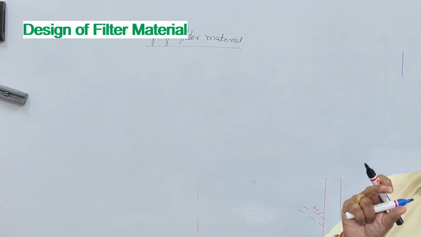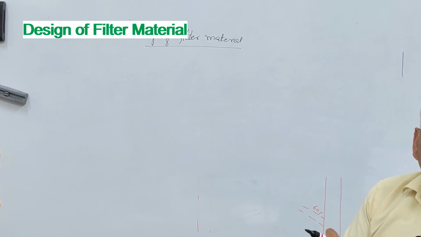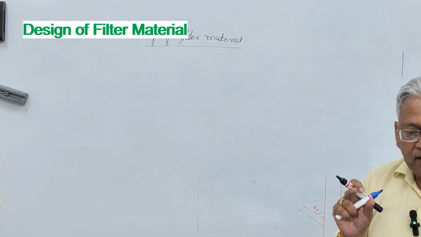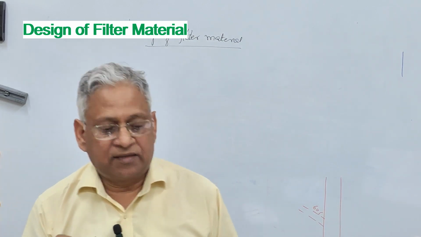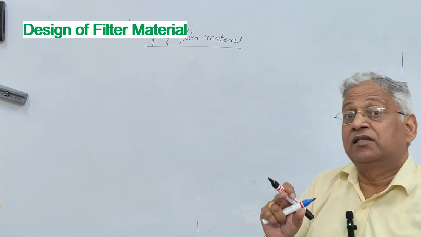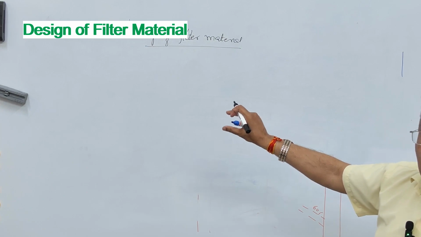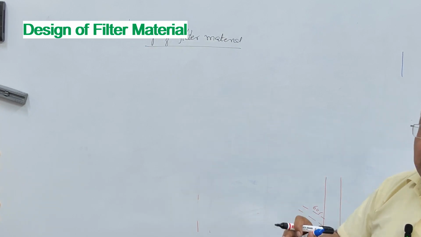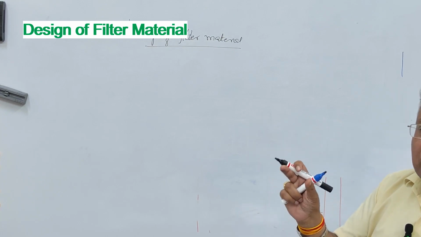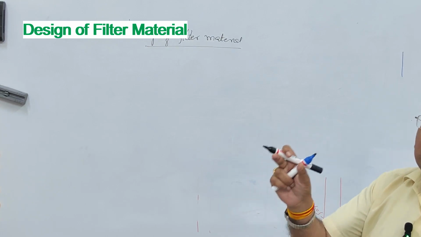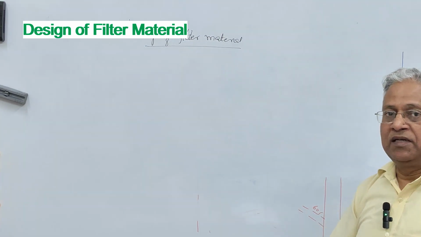So the basic consideration is that this filter material should be coarse enough so that it does not migrate into the subgrade soil or drainage layer, into the pipe also. At the same time, it should be fine enough so that the subgrade soil particles do not migrate into the filter material. These two requirements are there.